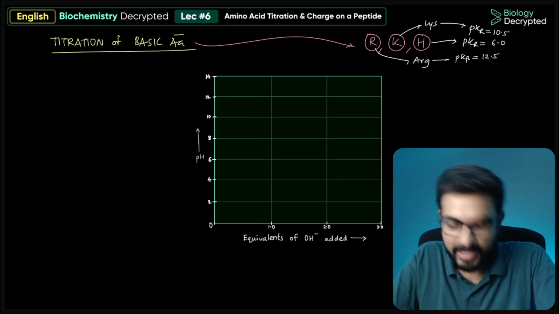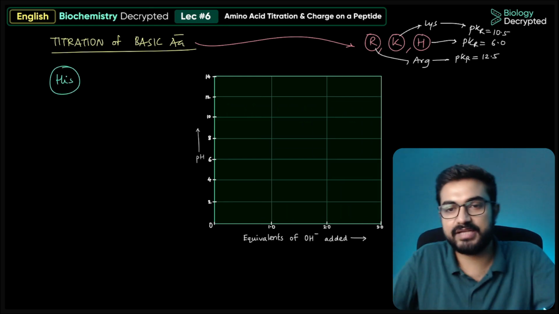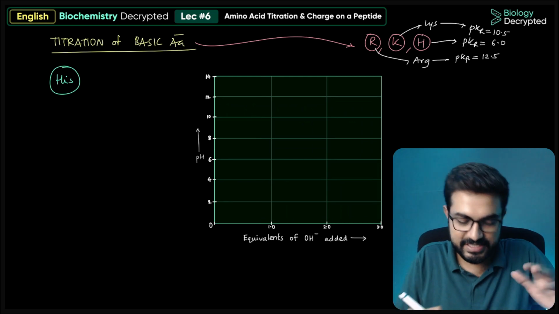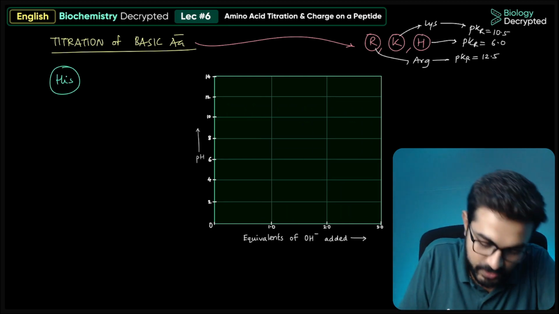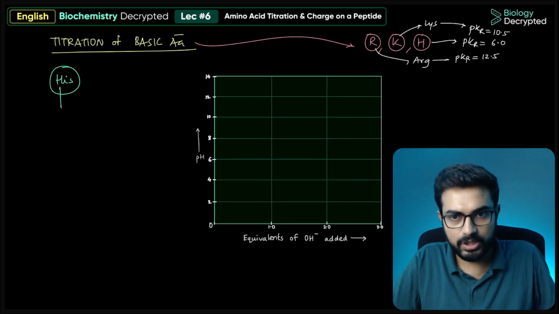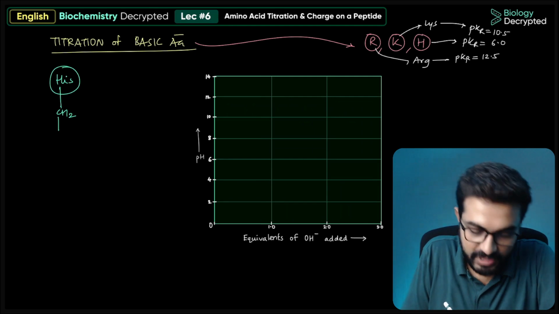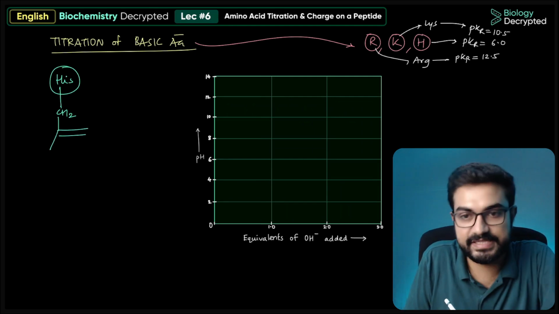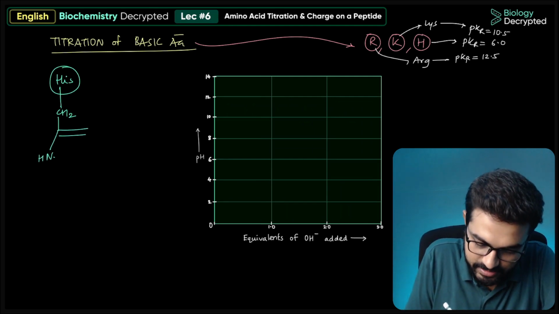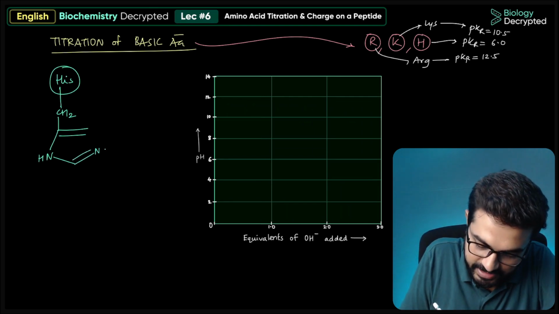Now, if we talk about histidine, I won't draw the whole structure here, as I have already taught you the structures. We'll just show the side chain, because that is what we are more concerned about. The other parts are common to all amino acids. So here it's CH2, and here there is NH, and here we have N plus.